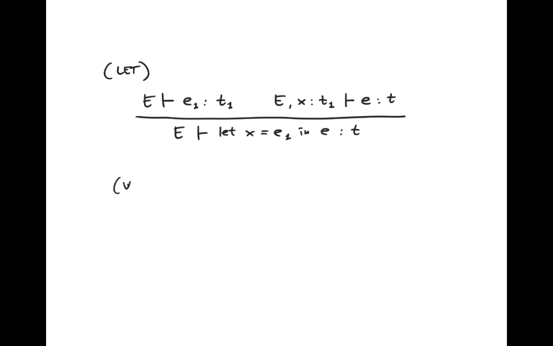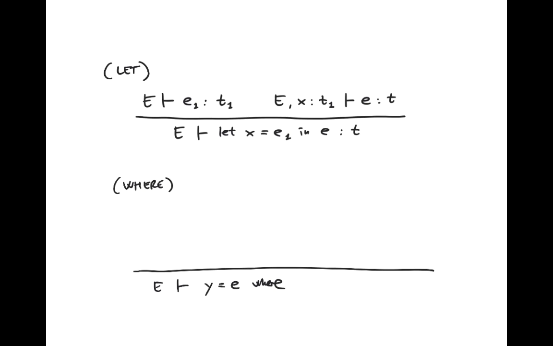Now the where rule is very, very similar to that. What does a where declaration look like? It says that Y is declared to be E, where then inside E we can talk about X, which we define to be E1. And what's the type of that?